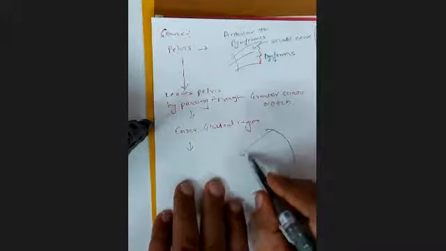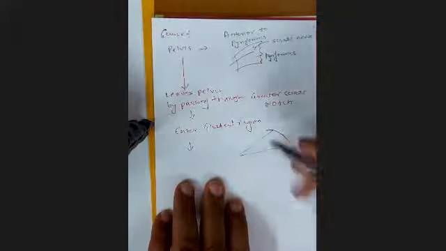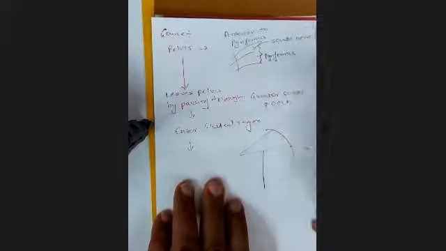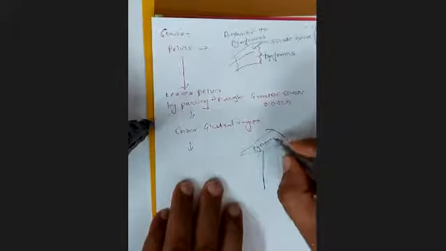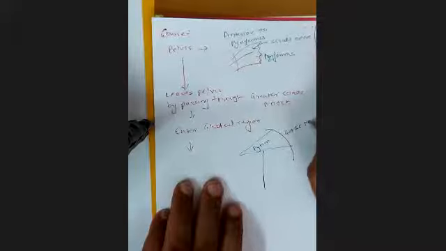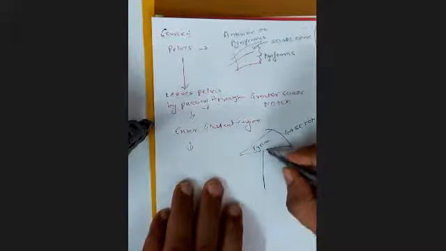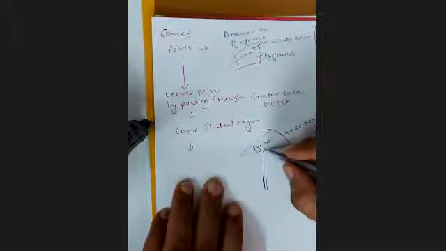It is coming out of it, and from below the cover of the piriformis, we are able to see the sciatic nerve which is coming out. This is piriformis, this is greater sciatic notch, and this is the sciatic nerve.